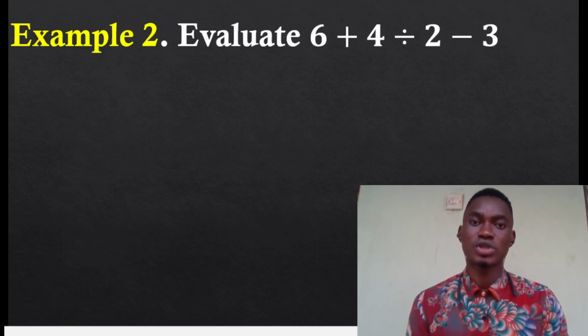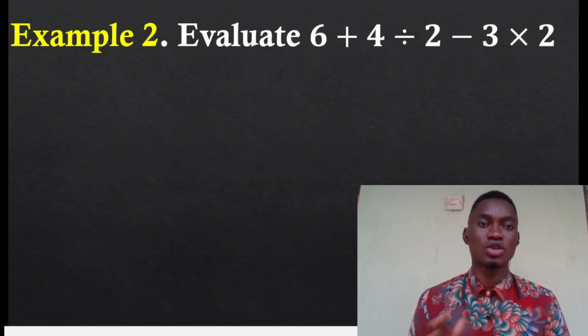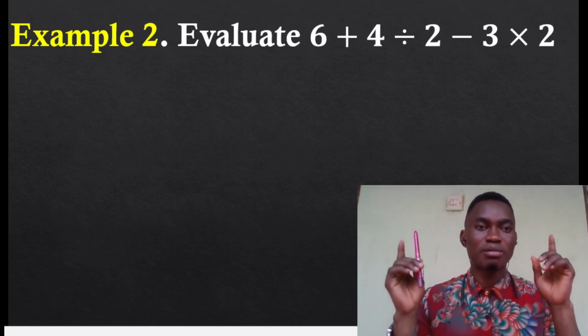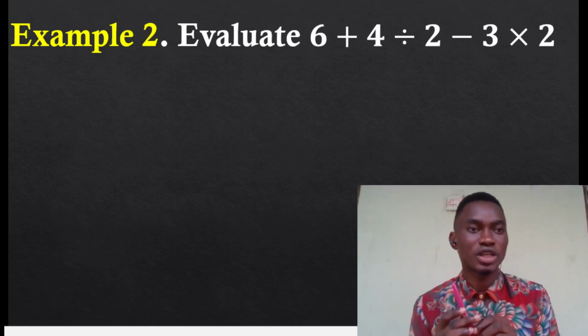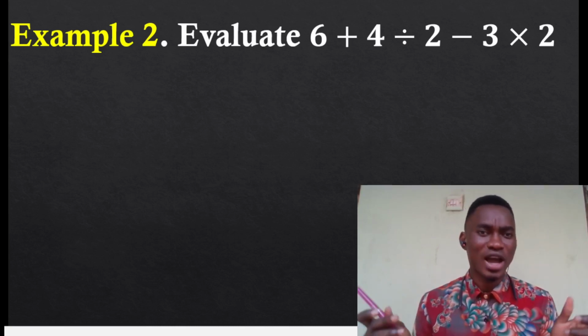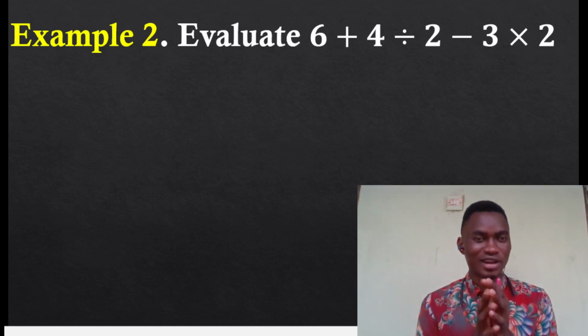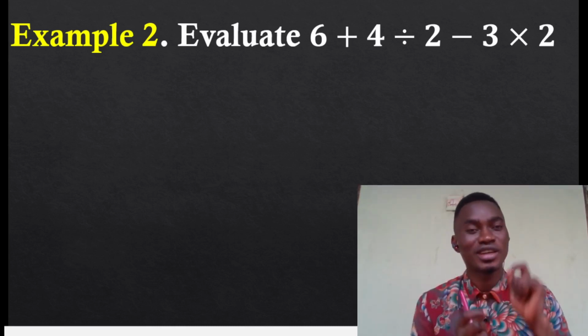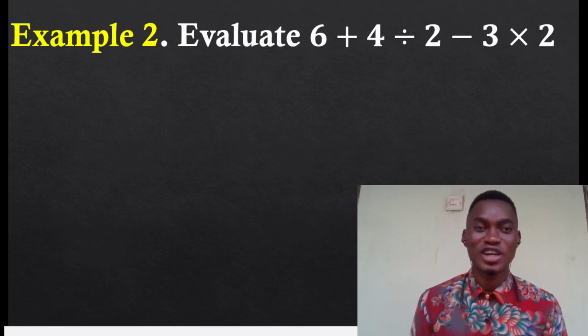Let's look at the second example. Example 2 says evaluate 6 plus 4 divided by 2 minus 3 times 2. I believe with your eyes you can solve this and get an answer, but you have to be very, very careful so that you wouldn't make a mistake.